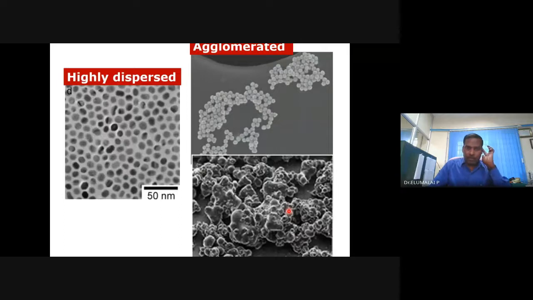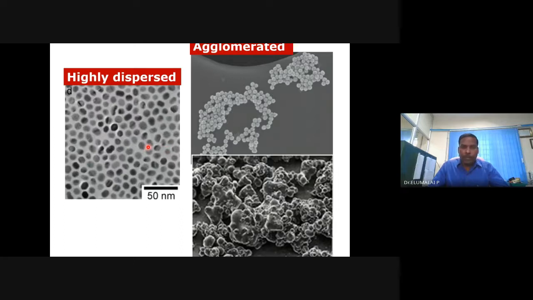Not only that, another intention in the synthesis of nanostructured material is to prepare highly dispersed particles. It is possible to count. It is possible to see separate particles. One of the greatest challenges in nanomaterial synthesis.